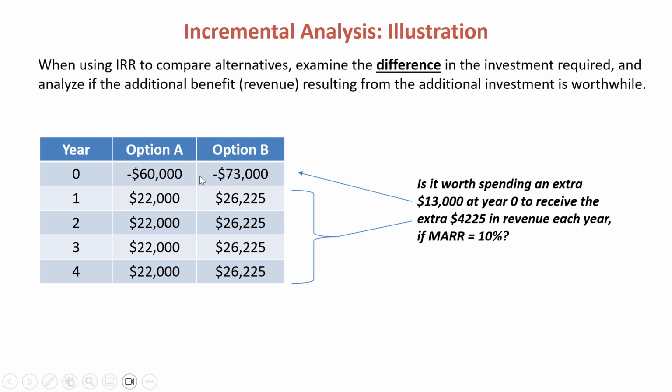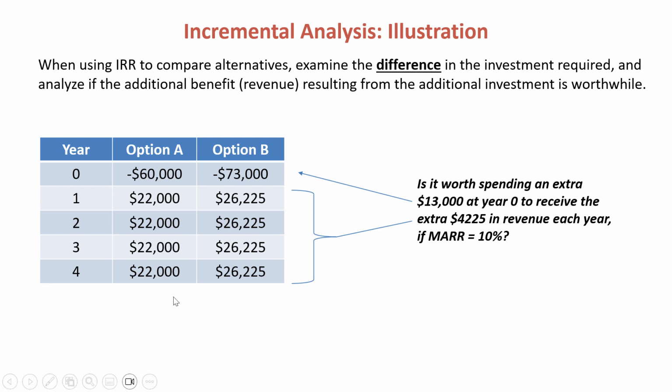Now, you could find out which to do just with present worth analysis. You already know how to do present worth analysis. So incremental rate of return analysis gives you more information because it not only tells you which should be done, but it also tells you what's the rate of return on the additional amount that it costs in order to do the more expensive option.